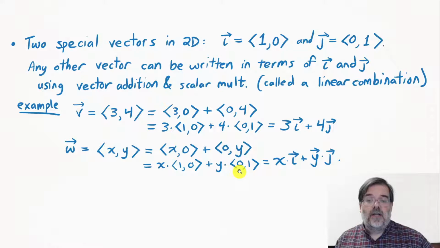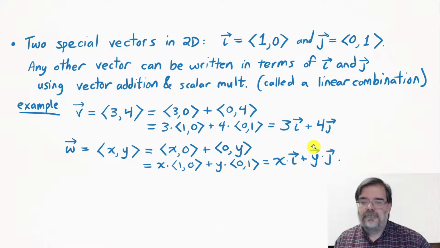From 0, y, you can factor out a y. 1, 0, you can replace by i, and 0, 1, you can replace by j. So the vector x, y, in the most general case, can be written as x times vector i plus y times vector j. I don't know why there's a vector on top of the y. That shouldn't be there. I guess I was getting too excited about vectors.